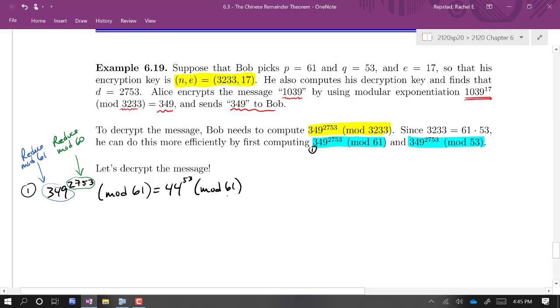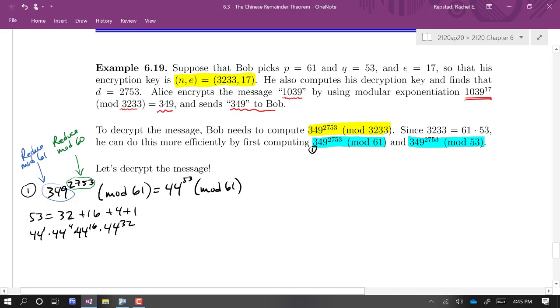We'll note that 53 as a sum of powers of 2 is 32 plus 16 plus 4 plus 1. And so the desired factors, when I write out this 44 to the 53 power, that's 44 to the first times 44 to the 4th times 44 to the 16th times 44 to the 32nd power.